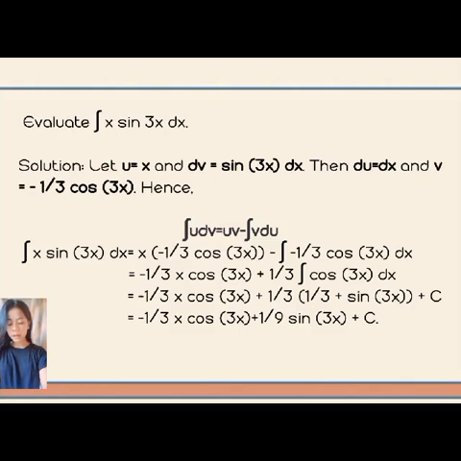Then, negative 1/3 x cosine 3x plus 1/3 times 1/3 times the integral of cos, that is sine 3x, plus c, which is the constant of integration. So our final answer now will be negative 1/3 x cosine 3x plus 1/9 sine 3x plus c.